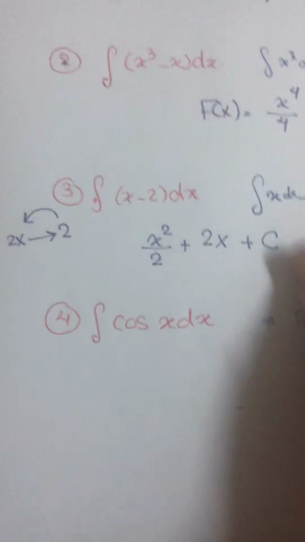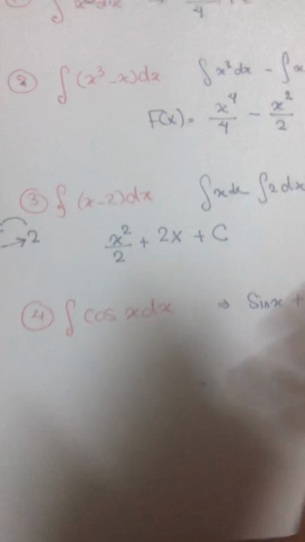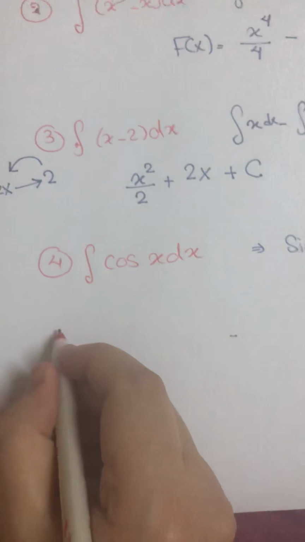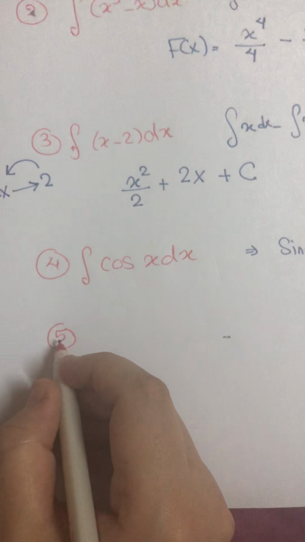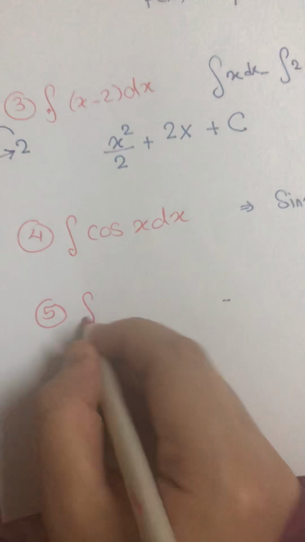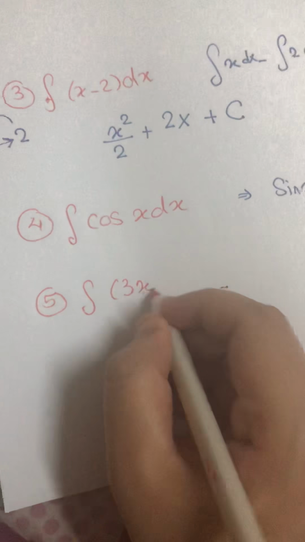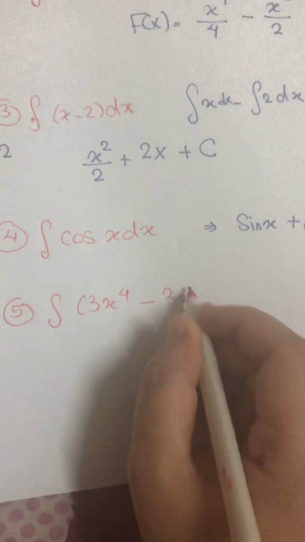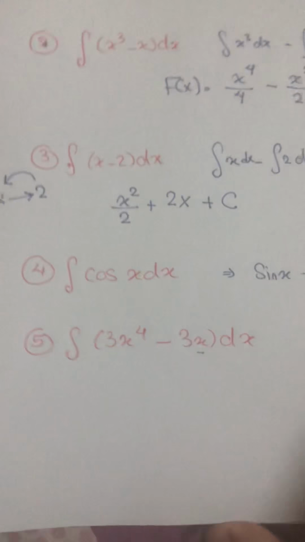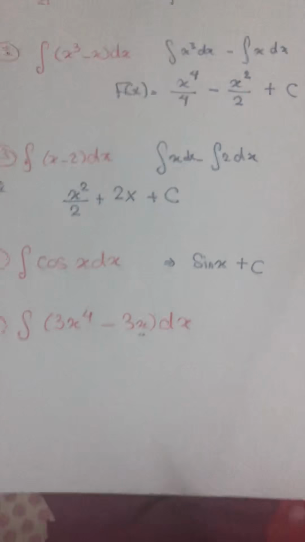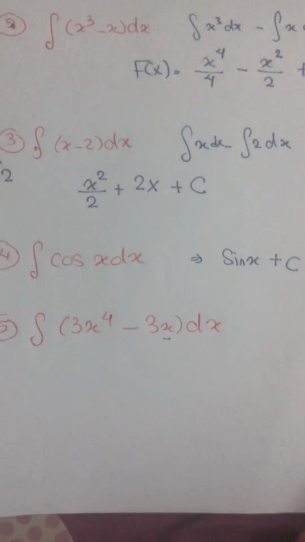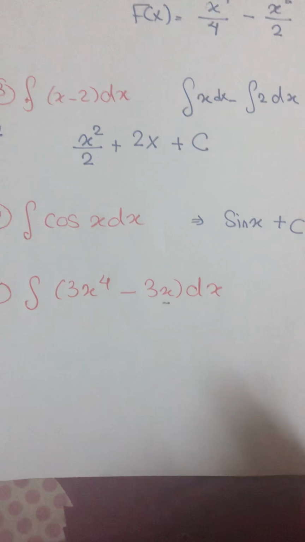Okay, so question number 5. They want you to find the antiderivative as well. And they gave me the integral of 3x to the power of 4 minus 3x dx. You can pause the video and try by yourself and then see if you're right or wrong.